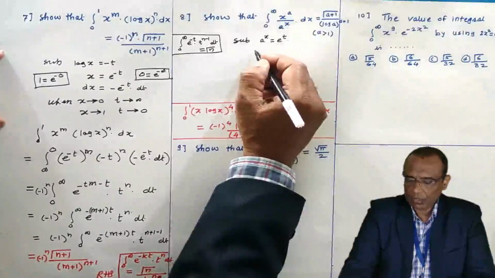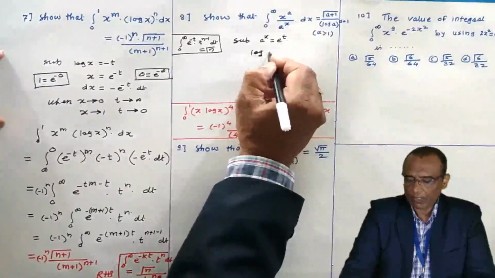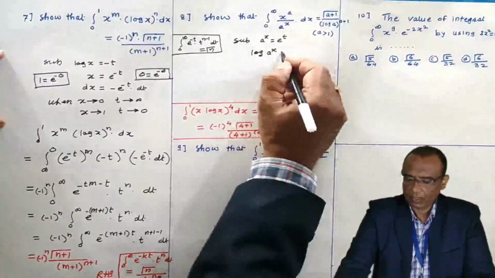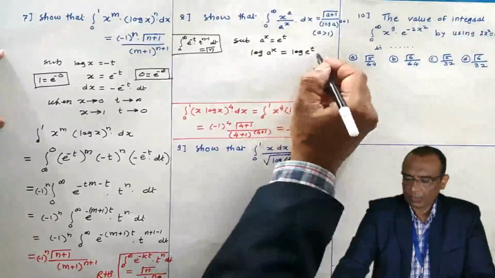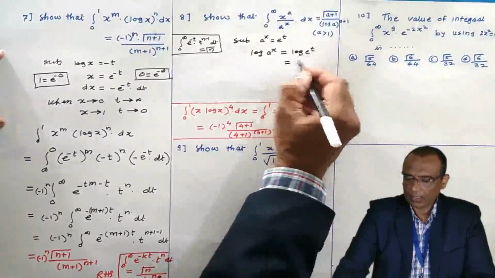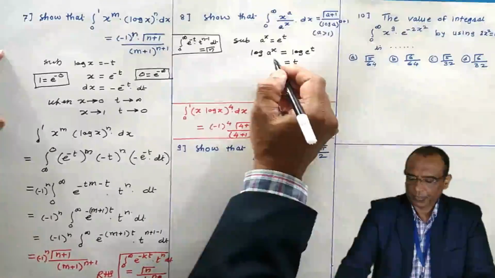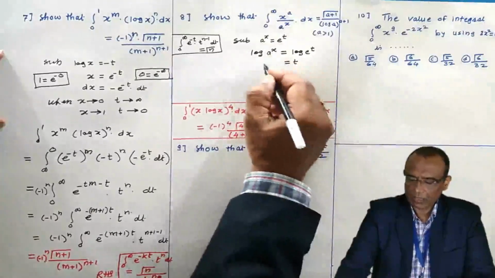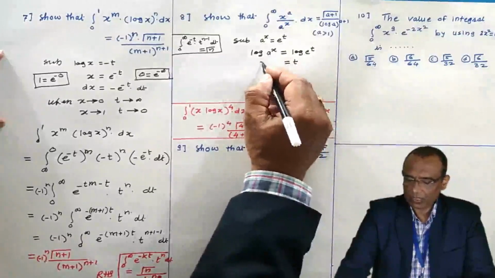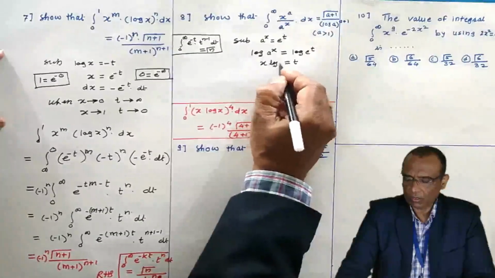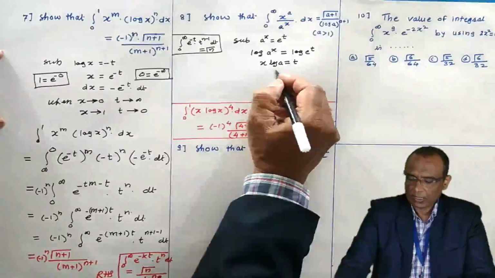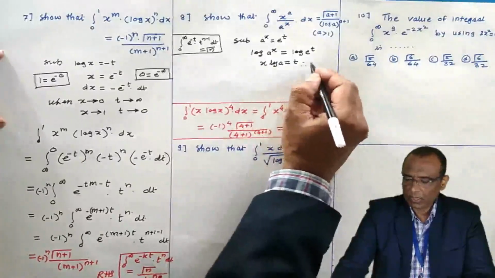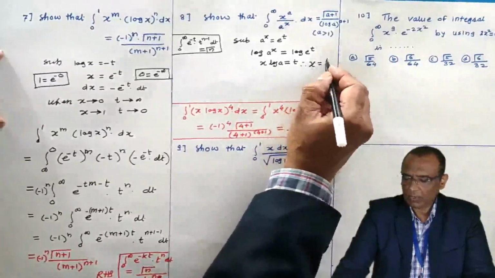If you take log of both sides, log of a power x equals log of e power t. Log of e power t is t simply, and the x will come as the coefficient of log a. Now x into log a equals t, therefore x equals t by log a.